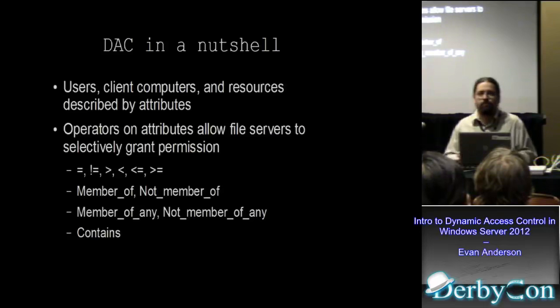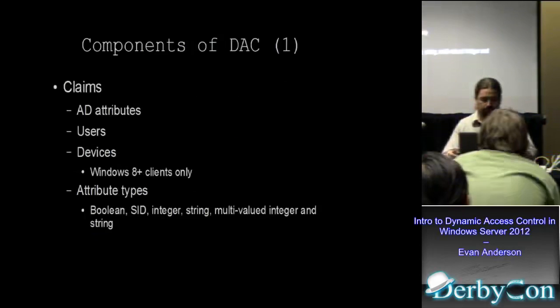So that's all that DAC is, boil it all down to one slide: put attributes on things, make decisions based on what attributes are on those things. Previously, security groups, that was it, and users and individual security principals, that was it. This opens the world up in terms of everything in AD can be used as a security arbitrator.